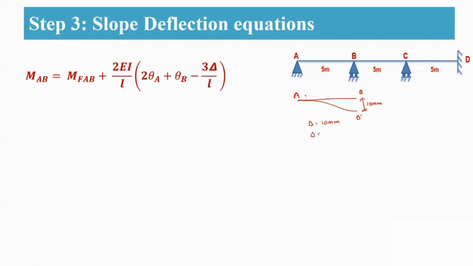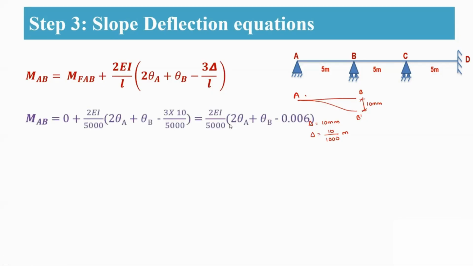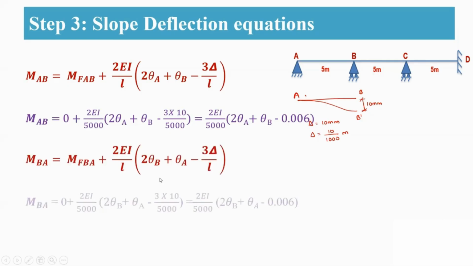That means delta will be 10 by 1000 meters. By substituting for the AB span and BA span, the 10 mm is taken as a positive value only, so you are going to get this equation. Similarly for MBA, you substitute the same, and you get the simplified equation this way.